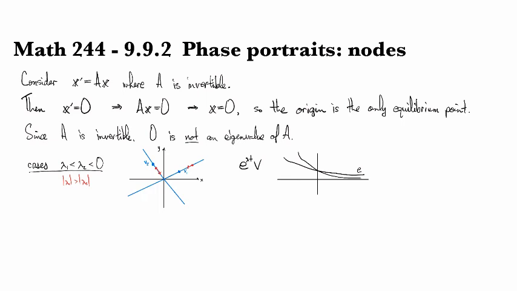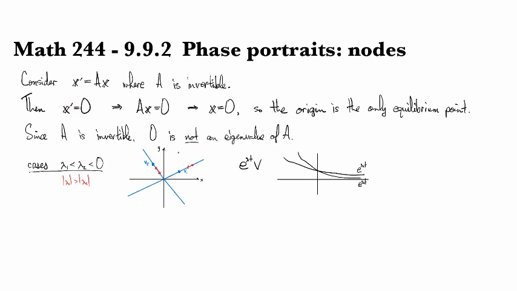Here's e to the lambda 2t, and this other one is e to the lambda 1t. For negative values of t, you're going to see this one is dominating. It's the big one. And so as a consequence, let's draw some trajectories here.